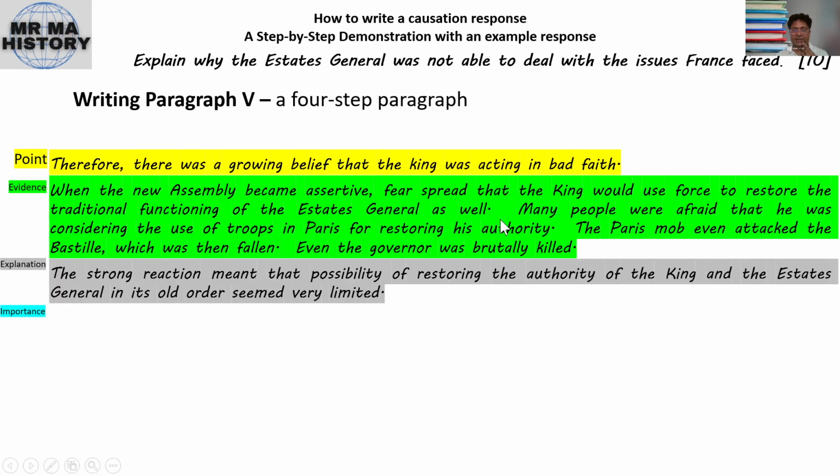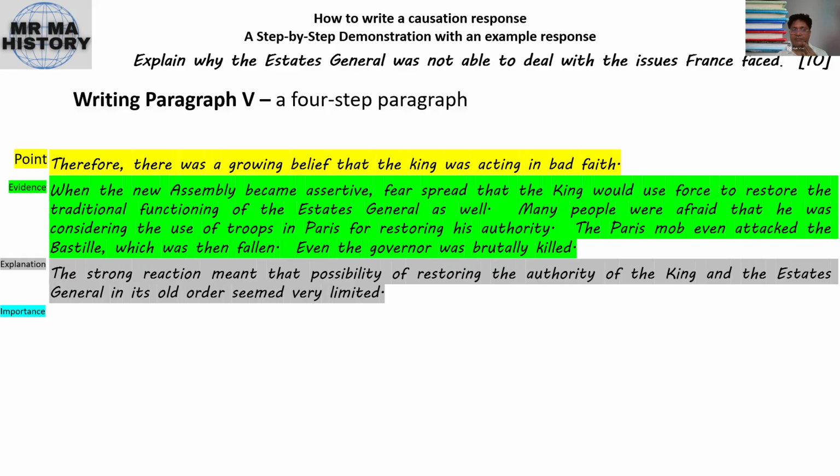And what is the importance of this evidence? Because this evidence shows the strong reaction of the people. These activities represent the strong reaction from the people, and this meant that there was little hope or almost no hope of restoring the Estates General to its old ways.